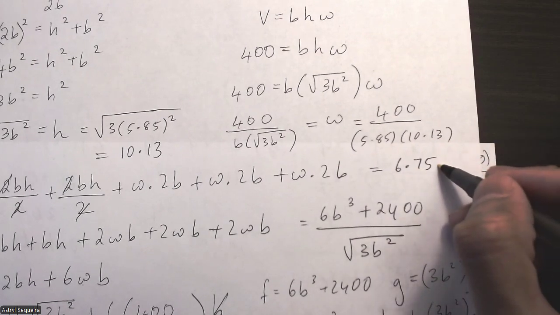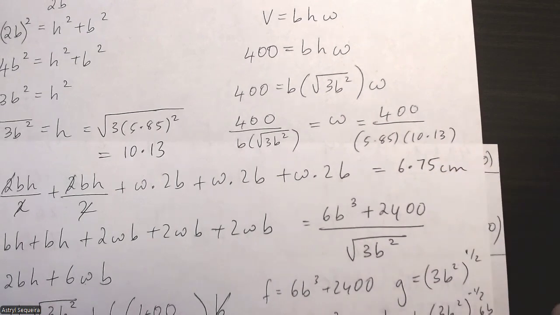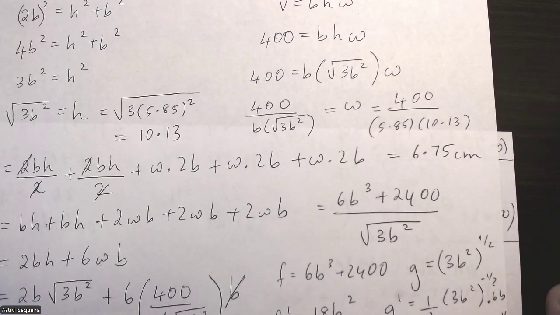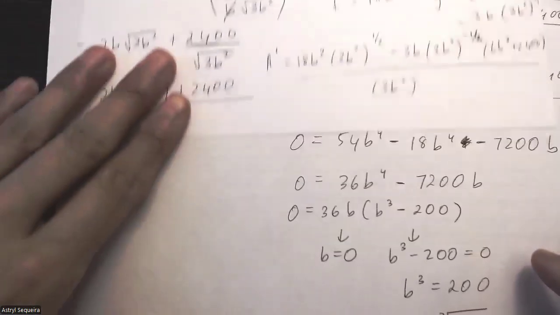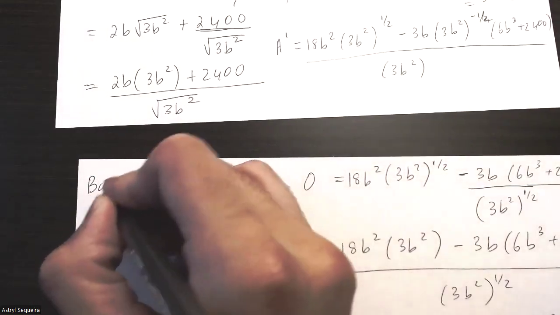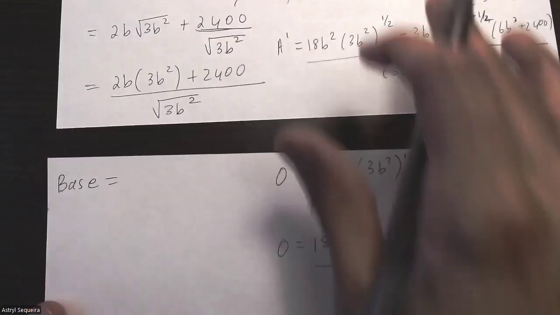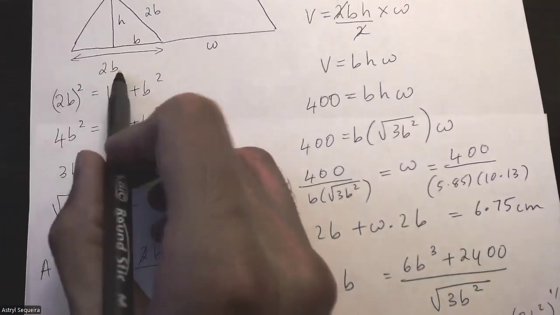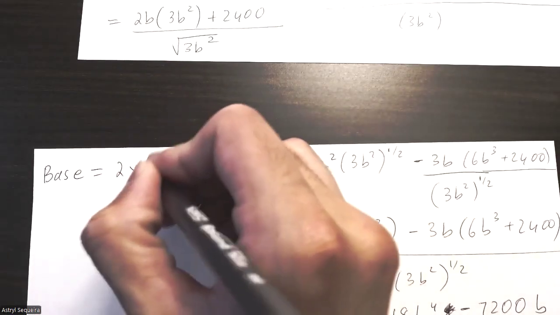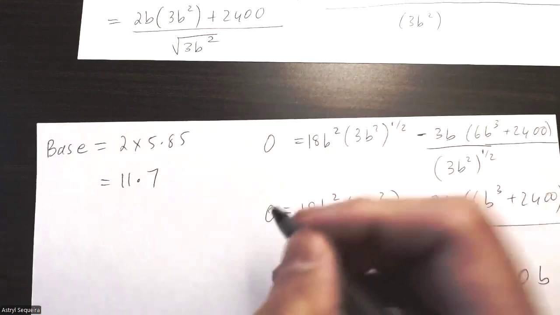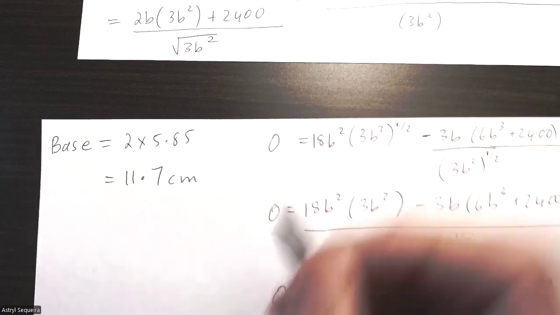centimeters. So now that I've calculated everything, I can state all the dimensions of this triangular prism. So I know that the base is going to be, remember the base is not 5.85, the base is 2 times b. So the base is 2 times 5.85, which is 11.7 centimeters.